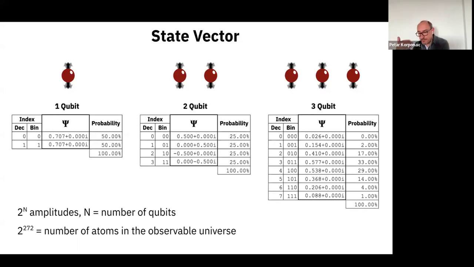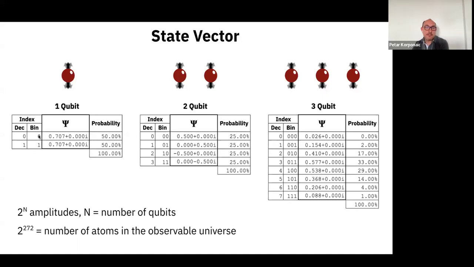For example, a photon can be in a state which is not horizontal, not vertical, but some mix of both of those states. And we have a probability of reading the particle, or let's use the word qubit. So we have a probability of reading the qubit when it is in that superposition state. We have a probability of reading it as 0 or 1.